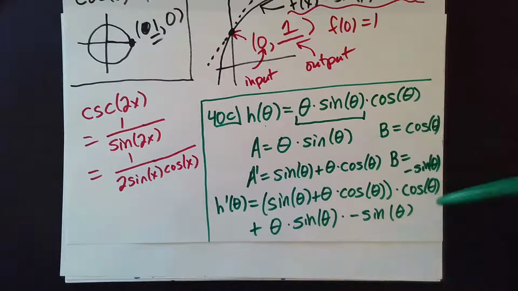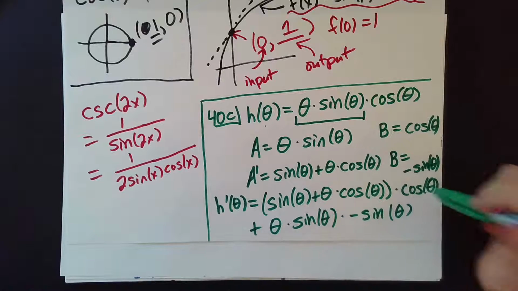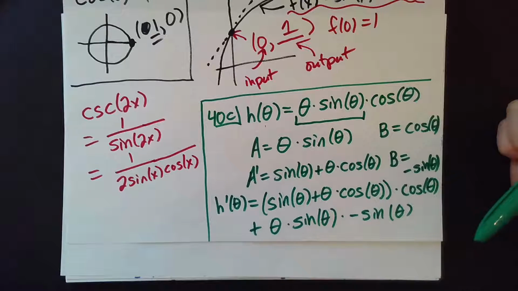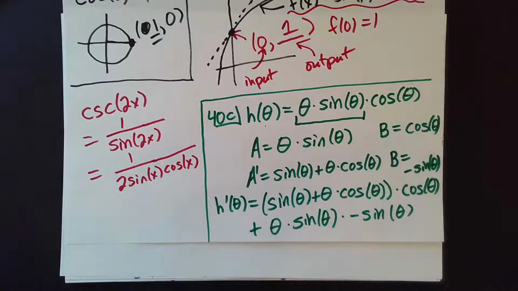I'll go ahead and leave simplifying this and plugging in pi over 4 to you. But this is the sort of novel part of this question, or the part that we don't see nearly as often.